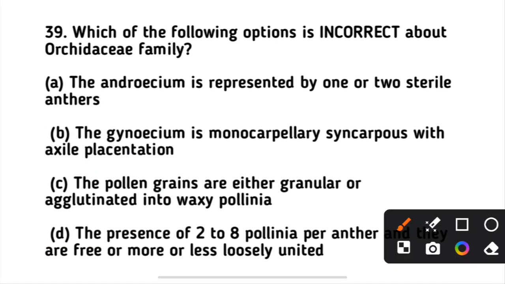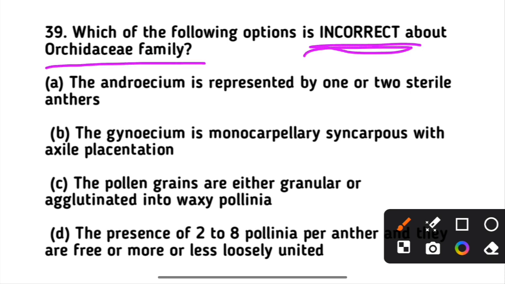Next question. Which of the following options is incorrect about Orchidaceae family? Option A, the androecium is represented by one or two fertile anthers. Option B, the gynoecium is monocarpellary syncarpous with axial placentation.